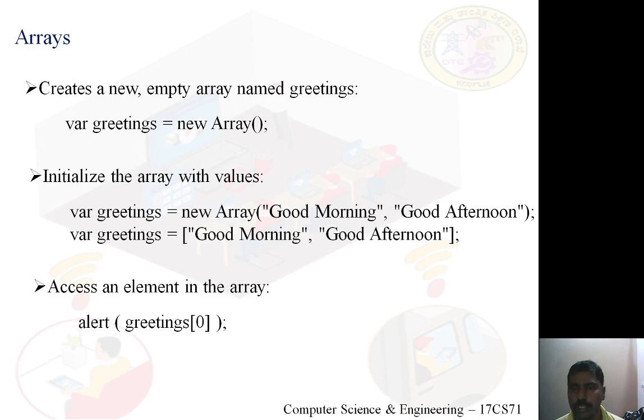An array object is created and initialized with values, and the reference to this array object is copied to greetings. In the third example, we are accessing an element of an array object. We need to make use of an index.